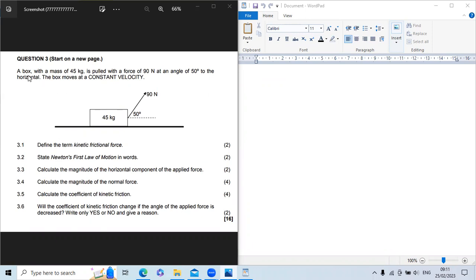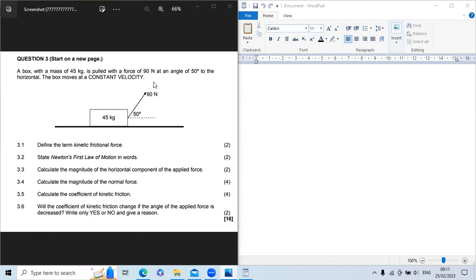So they say a box with a mass of 45 kilograms is pulled with a force of 90 newtons at an angle of 50 degrees to the horizontal, and the box moves at a constant velocity. Just from the statement, you should be able to decipher a few things.